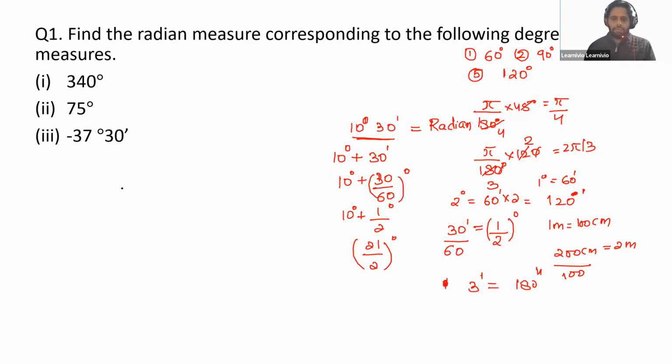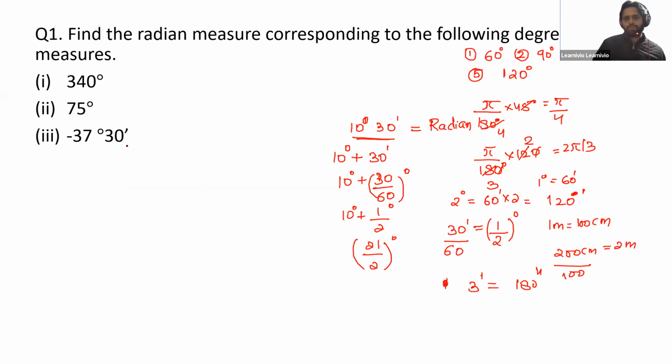Okay, so Yusra, you have converted the complete one into degree. So this is okay, 75 by 2 degree. Now convert the 75 by 2 degree into radian as you have done in the previous questions. And Krishna, please check what mistake you are making. Krishna, this is 37 degree, but there are also 30 minutes.